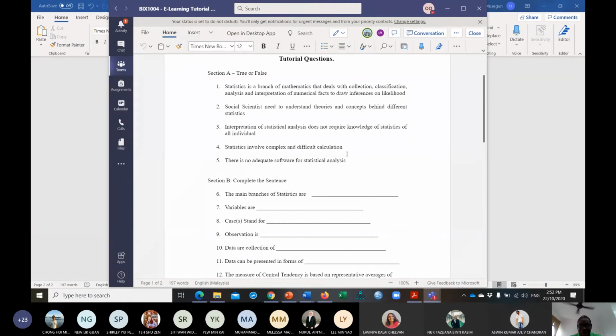There are no adequate software for statistical analysis. True or false? False. So how many software are available that you know? Excel. SPSS. Yes.